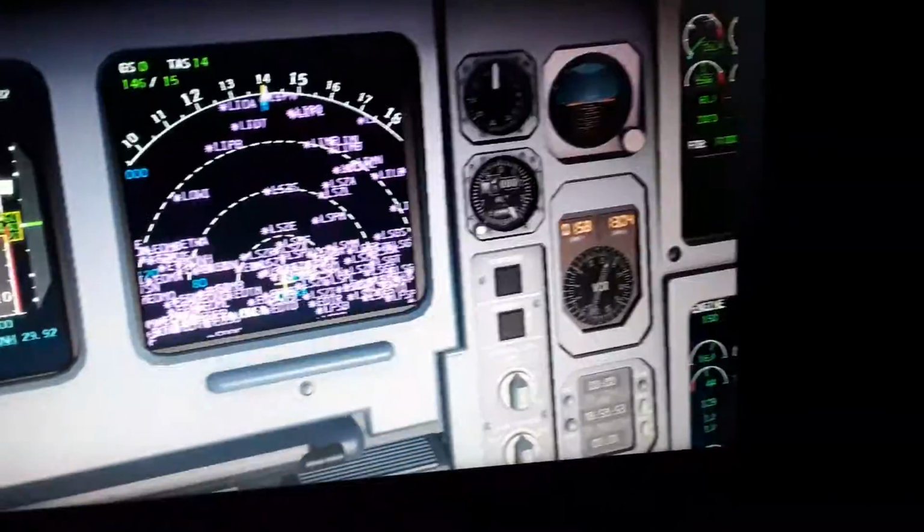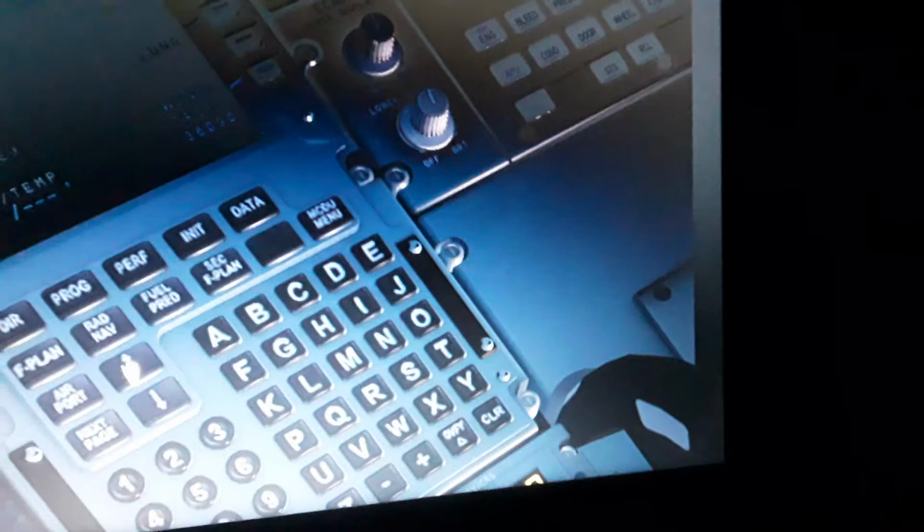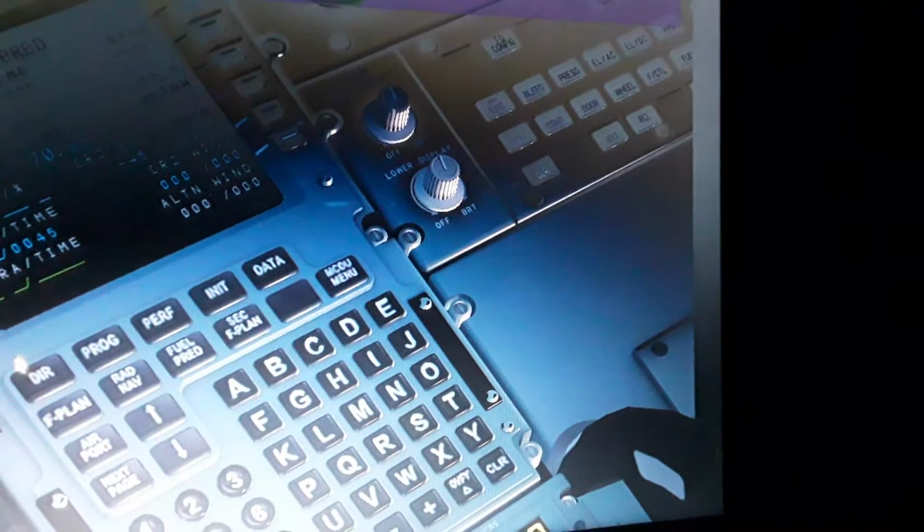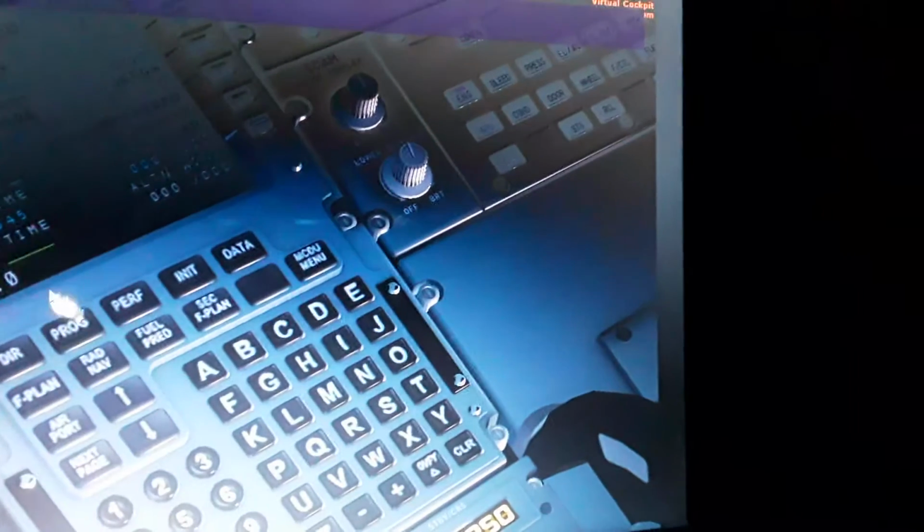So I'm gonna set up a flight plan right now, a very fast flight plan. I should have done this with fuel predictions, maybe fuel, close weight, center of gravity. It's actually 390,000 pounds. But it's not allowing me to do that.